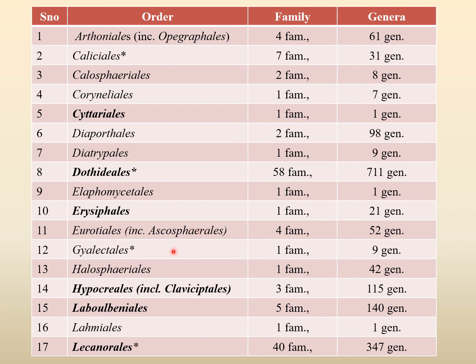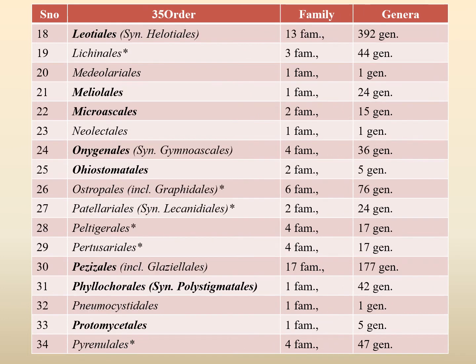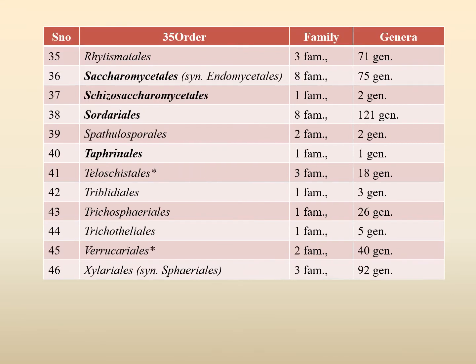It has lichens, Halospiriales, Hypocreales, Labalbiniales, Lamiales, and Lecanorales, Leotiales, Lichens, Mediolariales, Malleolales, Microascales, Neolectales, Oninginales, Ophiostomatales, Patellariales, Peltigirales, Pegigales, Pneumocystidales having 1 family, 1 genus, Protomycetales having 1 family, 5 genera, Pyrenolales having 4 families, 47 genera, and Rhytismatales, Saccharomycetales, also termed Endomycetales, Schizosaccharomycetales, Sorderiales, Spathulosporales, Taphrinales, Telocystales, Triblidiales, Trichospiriales, Trichotheliales, Verrucariales, Xylariales.